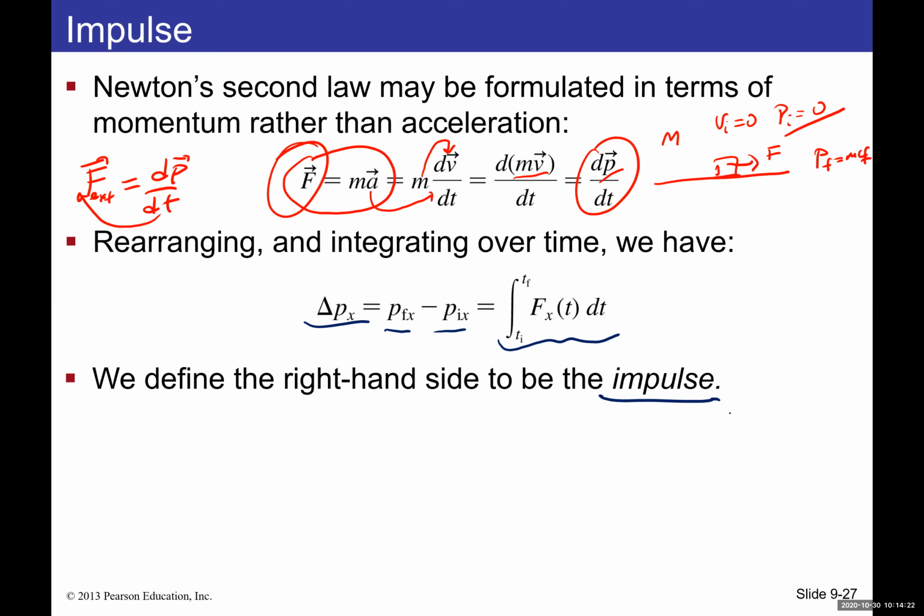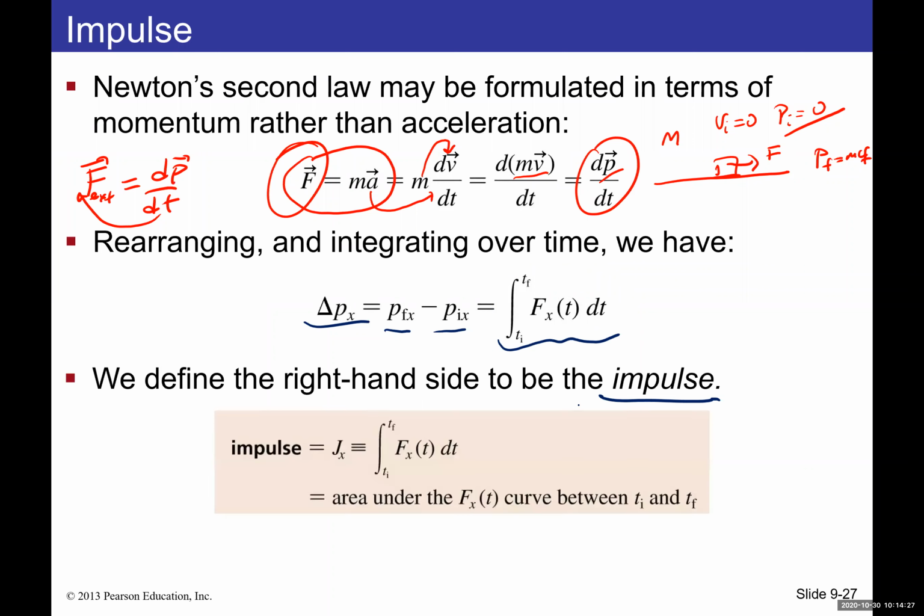The f of x is the impulsive force, but this integral is called impulse. Impulse is given with a j, so j of x, the x component, is defined as the integral of f of x dt, and in the graph that I just showed you earlier, f of t, it equals the area under the graph.